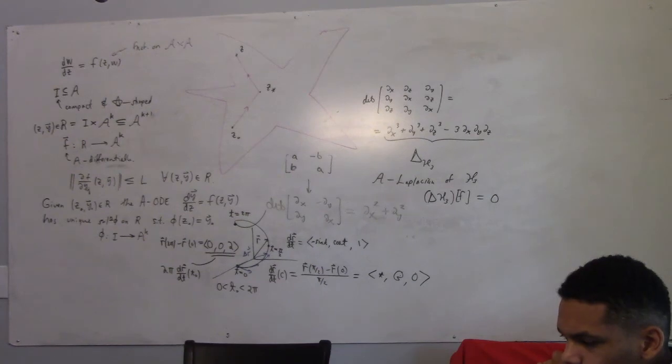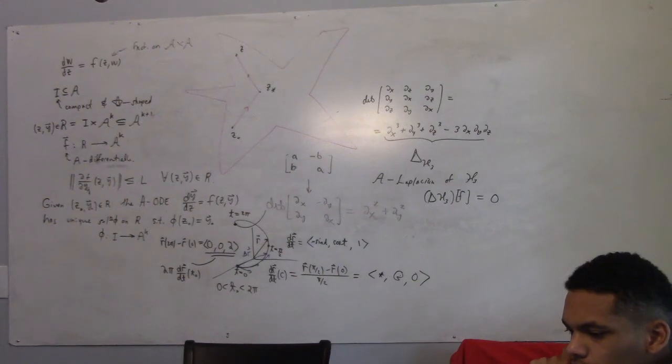And then, let's see here, by the induction claim, that's less than or equal to that. And let's see here, zeta minus zeta naught to the n, that is actually the arc length if you look at it.